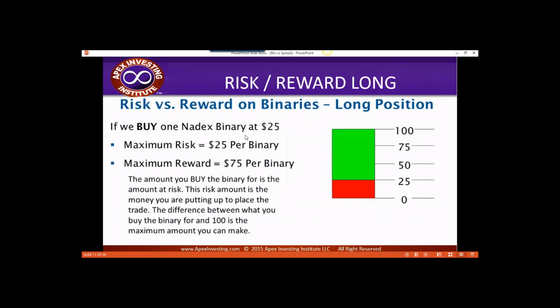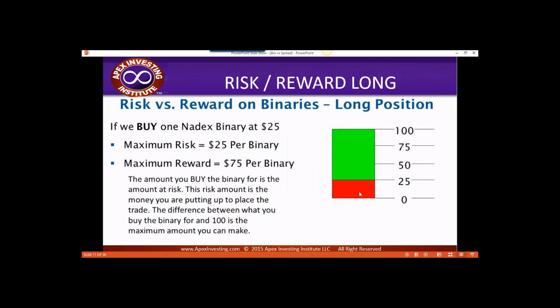All right, if we buy one Nadex binary, remember at expiration a binary is either worth 0 or it's worth 100. If we buy a Nadex binary for 25 bucks, and we're buying, that means we're going long. We think the market's going to be up or stay up. So if we buy a binary for $25, our maximum risk is $25.